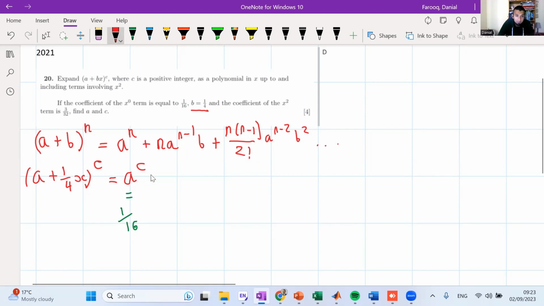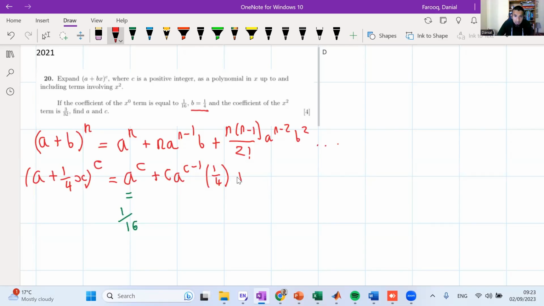The next term is, n is actually c in our case. So that would be c a^(c-1) times b, times a quarter. But we don't know what this term is, we'll leave that as it is.